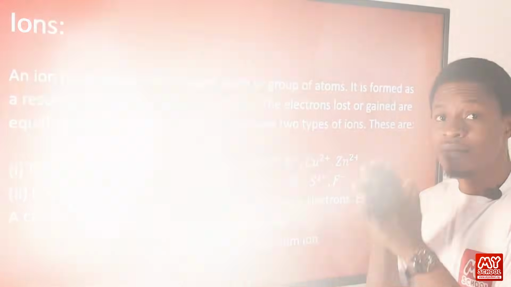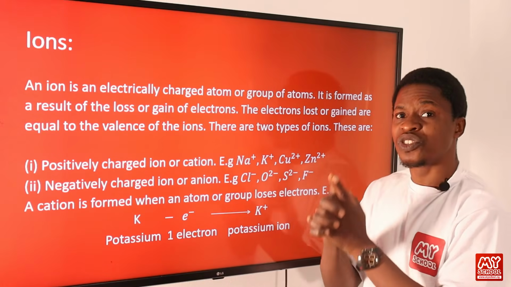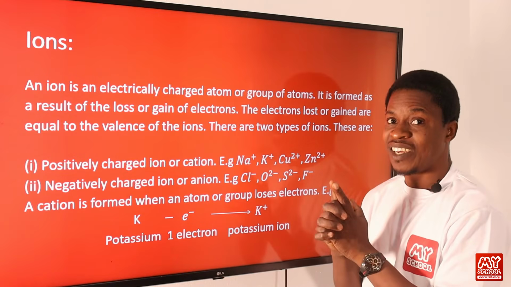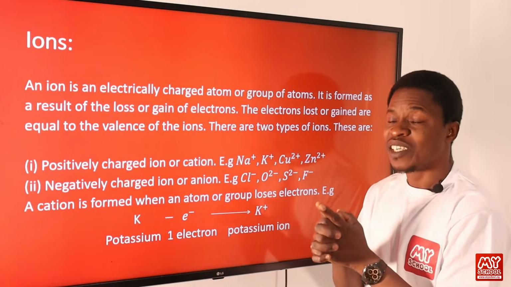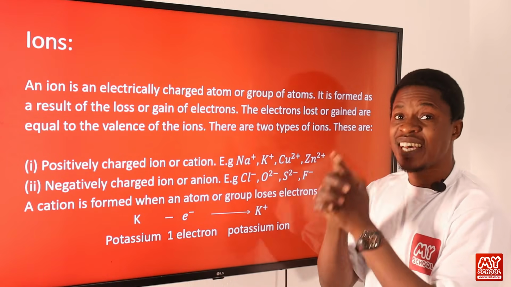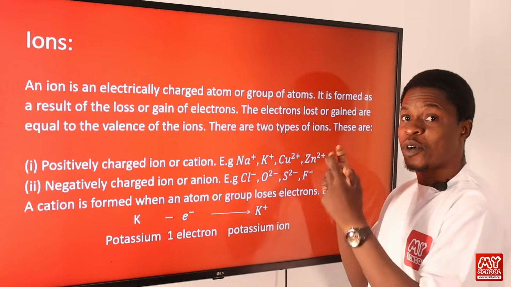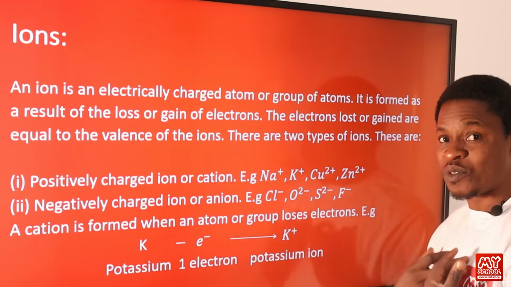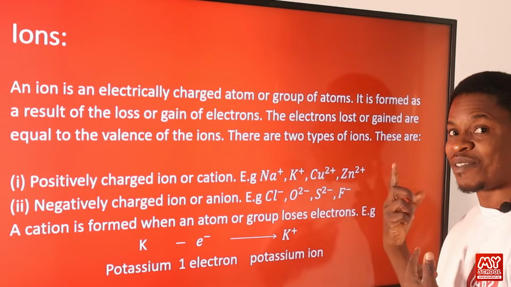In other words, a metal will lose an electron to become positively charged. Any substance, element or metal that loses an electron will become positively charged. On the other hand, the one that gains an electron becomes negatively charged.